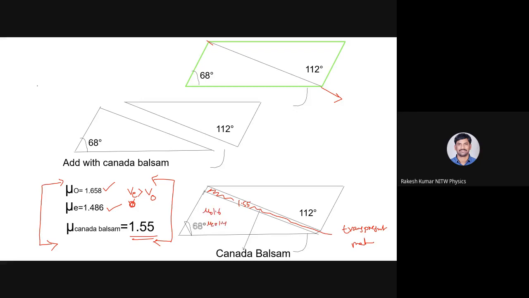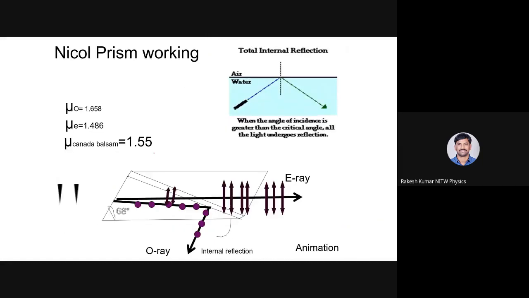Now if you remember the total internal reflection phenomenon, suppose this is a water surface, and light is passing through this medium. The refractive index of, let's say, water will be 1.5, and air will be 1. Now it will definitely be reflected back when theta is greater than theta c. This you must know, right?